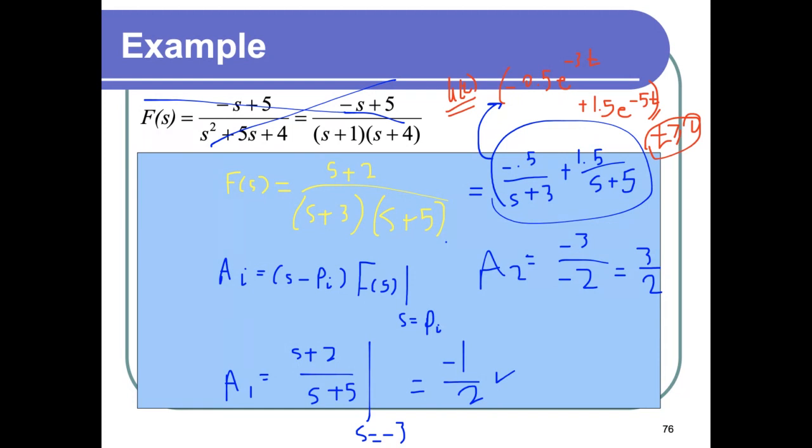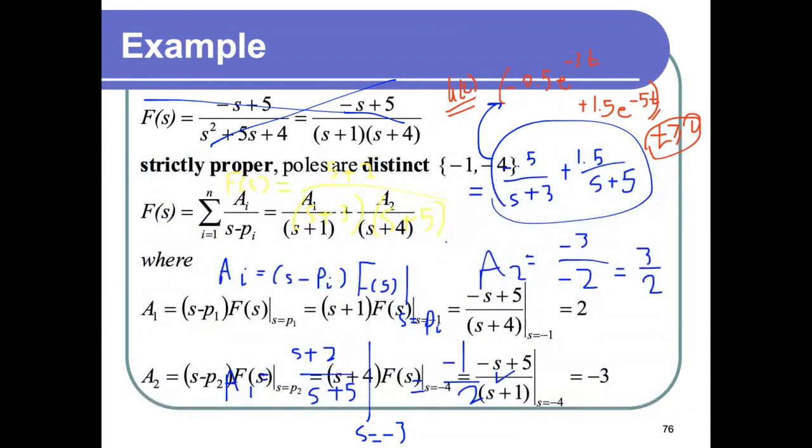All right, any questions about this part? Okay. Keep going.